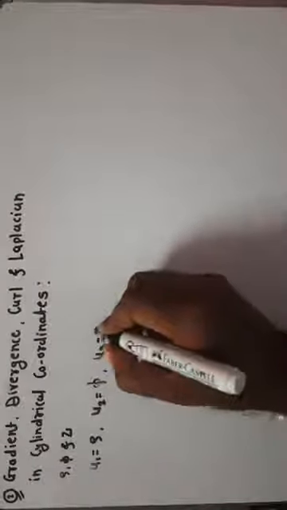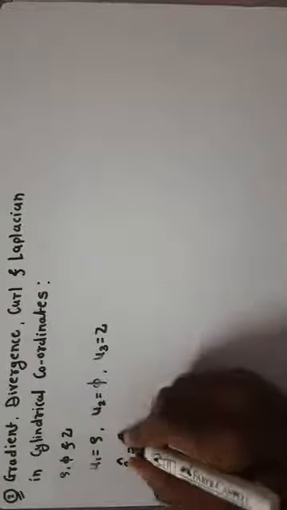First of all, in cylindrical coordinates, rho, phi and z are the coordinates. The special orthogonal coordinates are u1 equal to rho, u2 equal to phi, u3 equal to z.